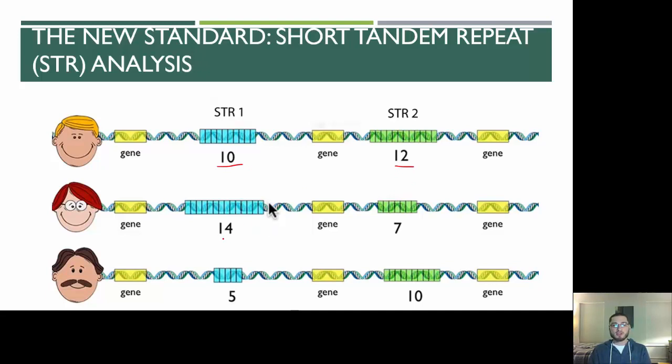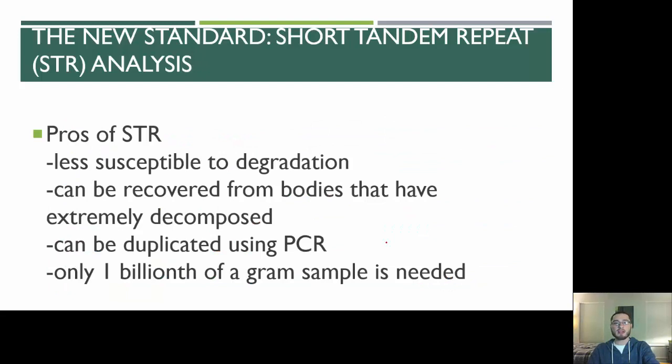For this young lady, she has 14 for STR1 and 7 for STR2. So we're looking at the same areas of the DNA on each person, but we see that there's different amounts of repeats, and then he's going to have 5 and he's going to have 10. So just by looking at these three people, we see that they have very different STRs between each other just by looking at two STRs, two little segments of DNA.